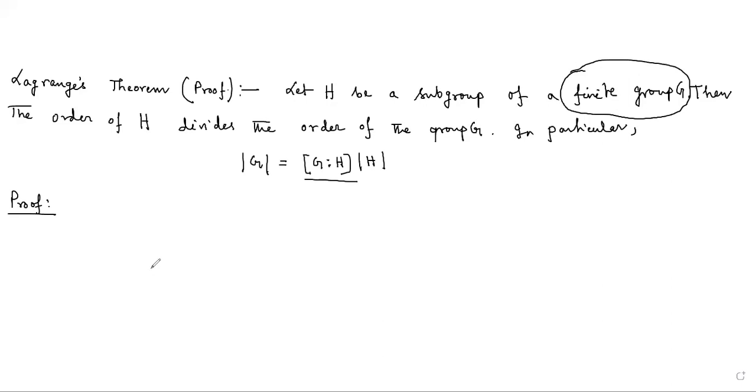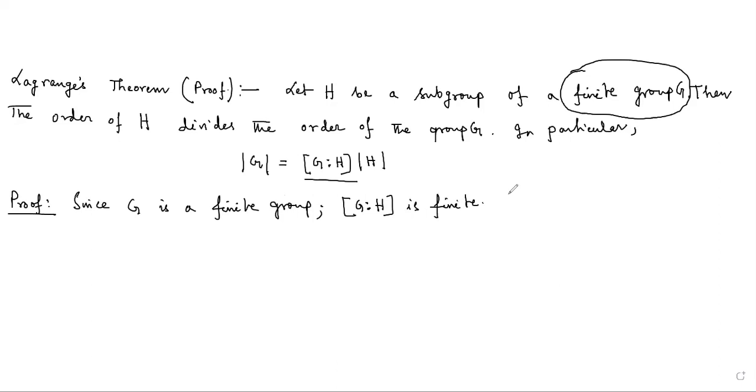If the group is infinite, then Lagrange's theorem is actually meaningless, because then we have to deal with the cardinality of the infinite group, which is always infinite. So to start with, we shall proceed in the following way. Since G is a finite group, consequently the index of G with respect to H will also be finite.